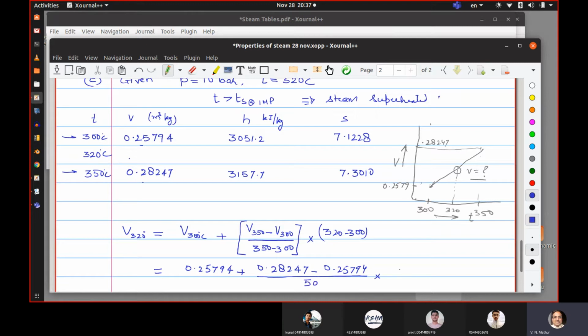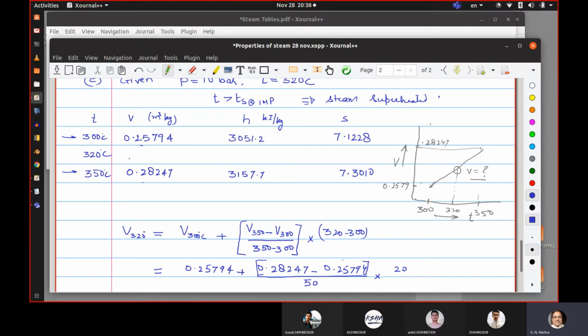So 2/5 of this entire change. So this difference represents the change in the volume when this steam temperature is changed from 300 to 350 degrees centigrade.